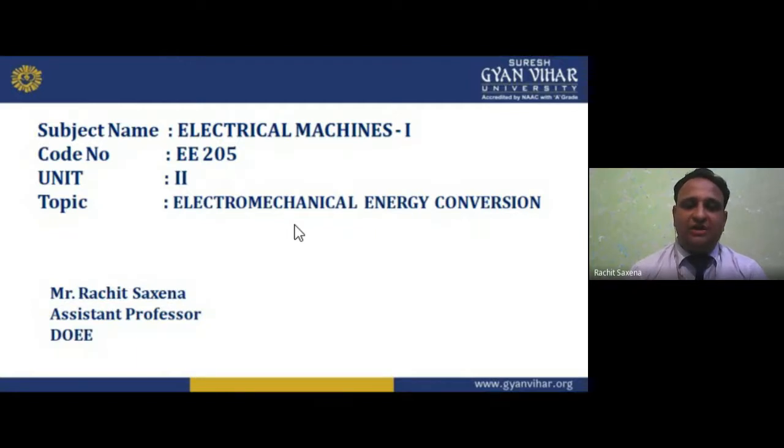If we are converting electrical to mechanical, it is a motor. If we are doing the vice versa, mechanical to electrical, that is a generator. But in a transformer we are not doing this, because there is no rotating part. In a transformer we step up and step down the voltage, meaning the voltage level increases or decreases, and correspondingly the current level decreases or increases.